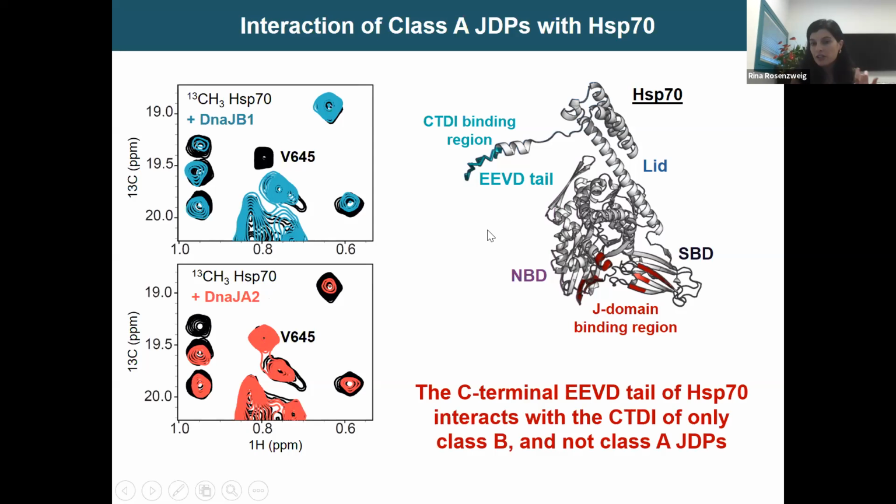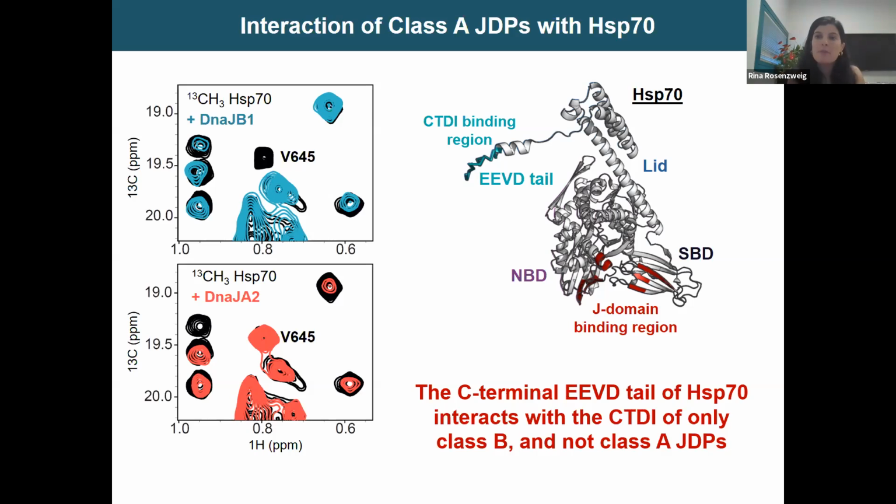So this interaction of the C-terminal EEVD tail of HSP70 only happens in class B and not in class A. So we have two things different between class A and class B. The first is that class B has this GF inhibition that plays some regulatory role. And second, we have this new binding site between the C-terminal tail and CTD1 only in class B and not in class A.